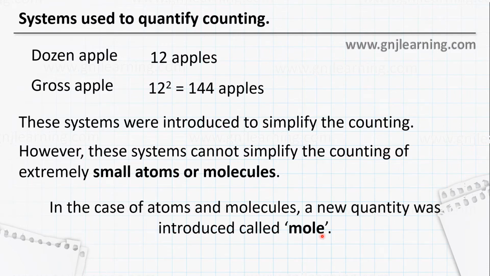Mole is very similar to the system used to count bigger items like 12 apples and 144 apples. Here we count smaller atoms and molecules using mole. So in the case of atoms and molecules, a new quantity was introduced and it is called mole.